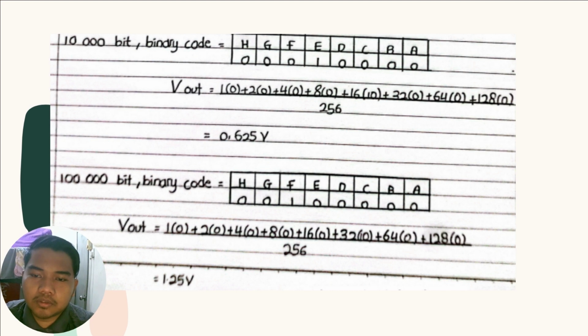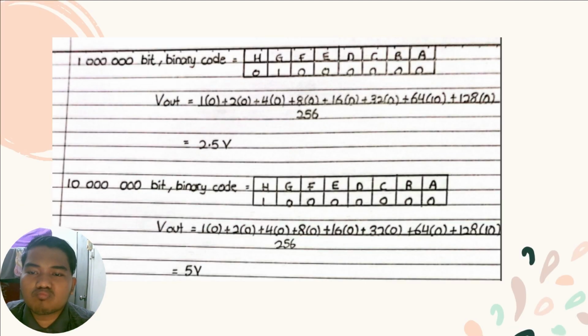For the 100,000 binary, we need 32 times 10 over 256, and we get 1.25 volt, and that is the Vout for 100,000.